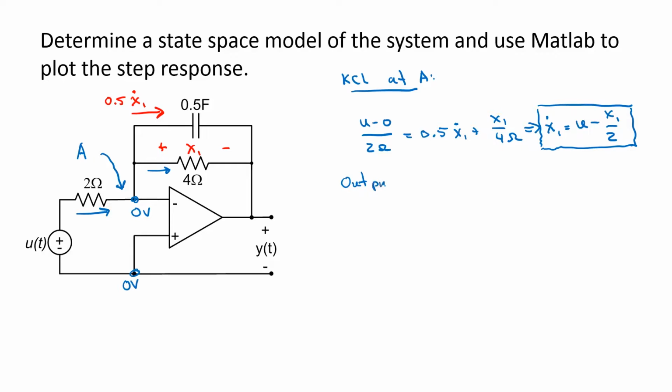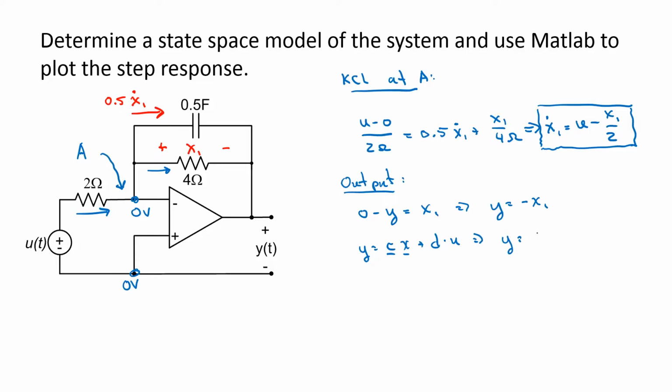Now I need an output equation. The voltage difference across here, 0 volts minus y, is the same as x1. So y is equal to the negative of x1. If I write that in matrix form, y is equal to c times x plus d times u.